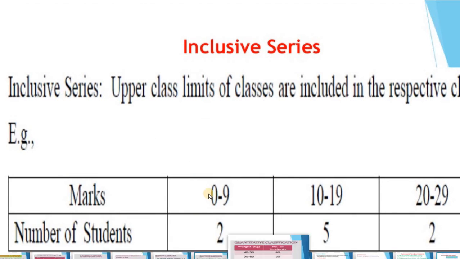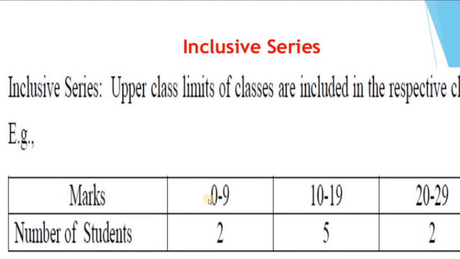Next one is inclusive series. Here you can see 0 to 9, 10 to 19, 20 to 29. Inclusive series means upper class limits of classes are included in the respective classes. Means in this class itself it will be included.